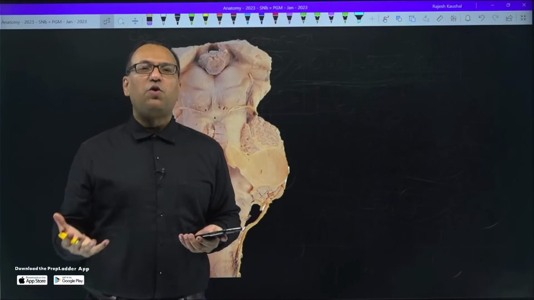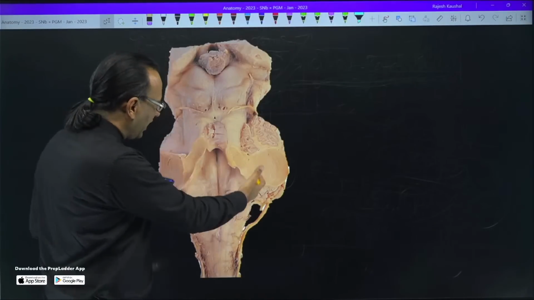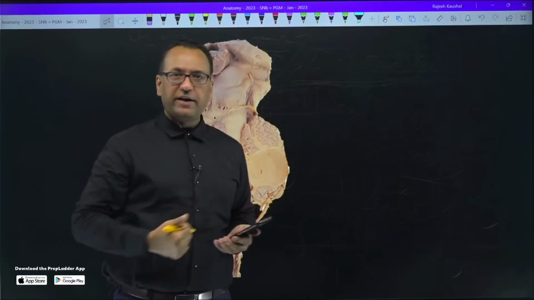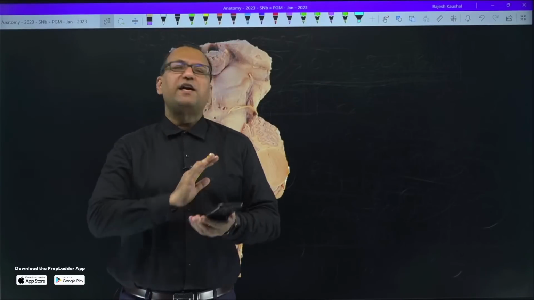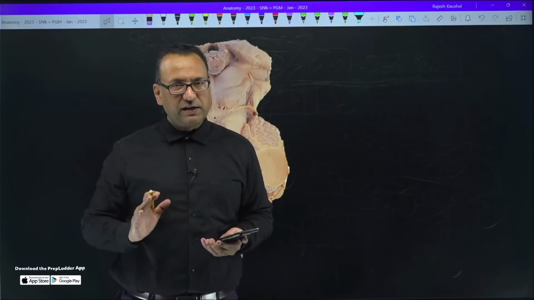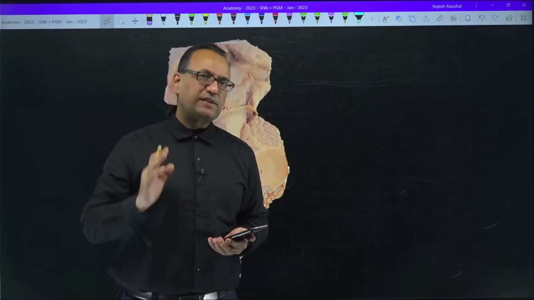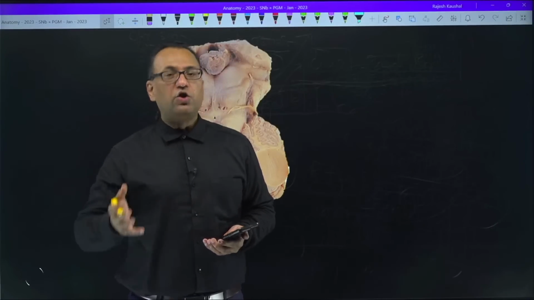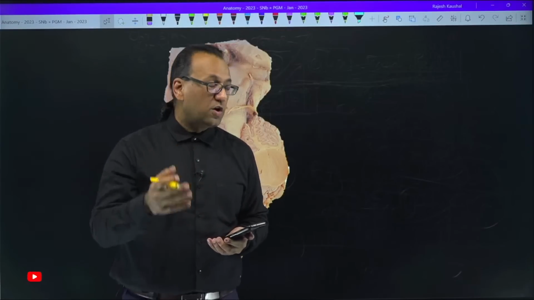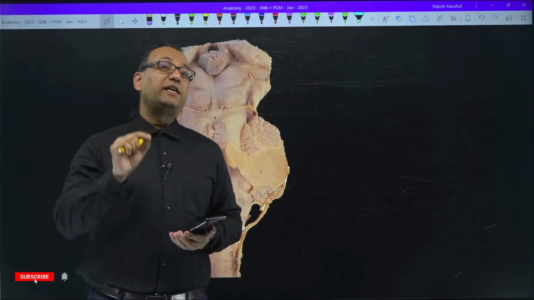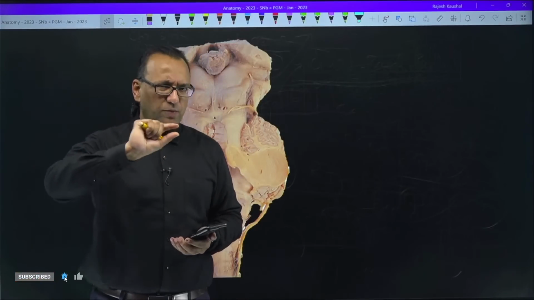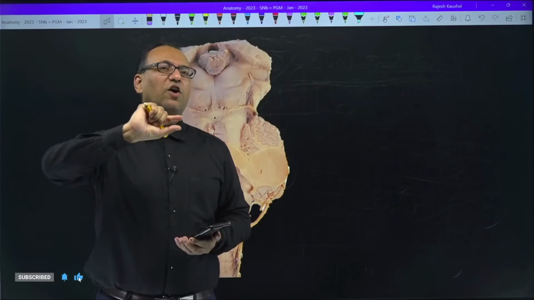What is NEXT PG going to do? It is going to ask you anatomy which is clinically related, and that is how I teach. Nothing is going to change in anatomy, at least. I have been teaching the same way, I will keep teaching the same way, you'll keep getting the same type of questions. Though in NEET PG, especially if it is conducted by DNB people, they can ask you very simple questions, rote memory questions.